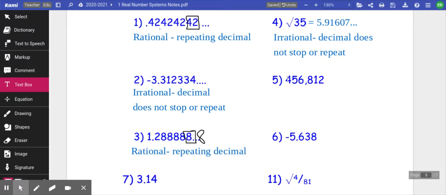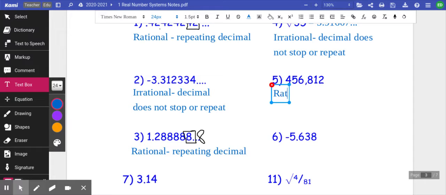So number 5, 456,812. It's a really big number, but it's a whole number, right? There's no decimal here. I can count with that number, so it's also a counting number. This would also be an integer. So when you write your reasoning, it's going to be rational because as soon as something is a whole number, a counting number, or an integer, it's automatically considered rational.